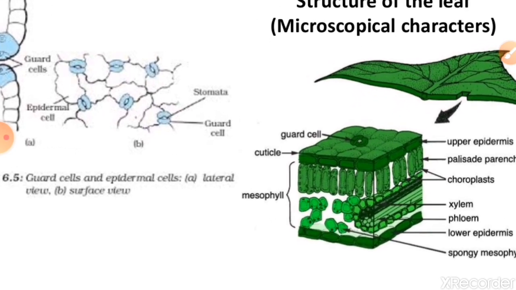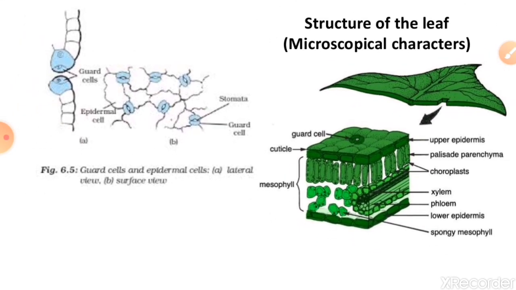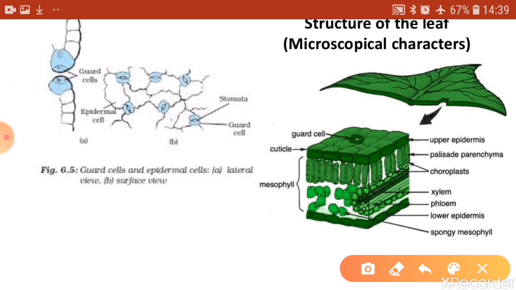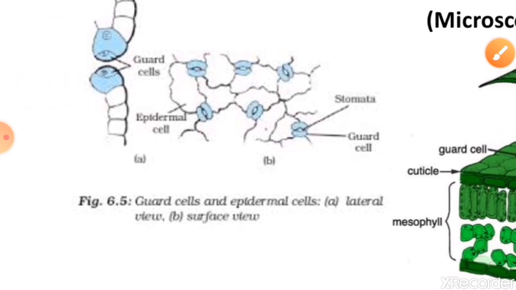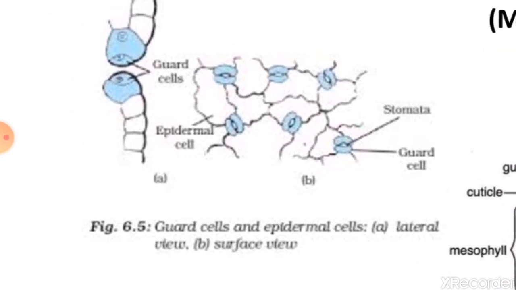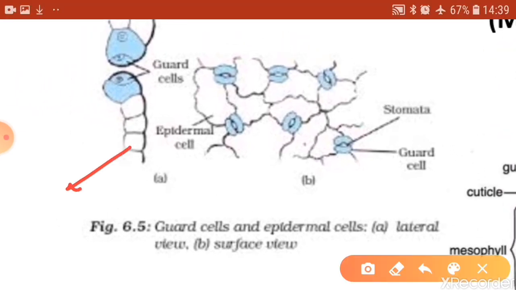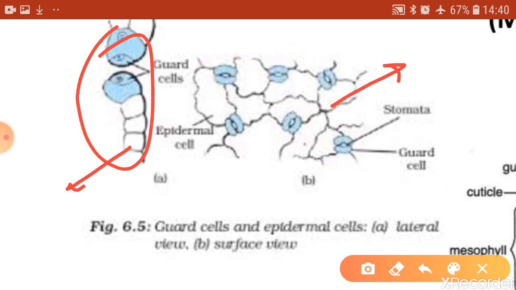In the leaves you find that the epidermal cells are modified to form tiny microscopic openings which are called stomata. So here, as you see in this diagram, which is there in your NCERT, this is the diagram of lateral view of epidermis, and surface view is shown over here.